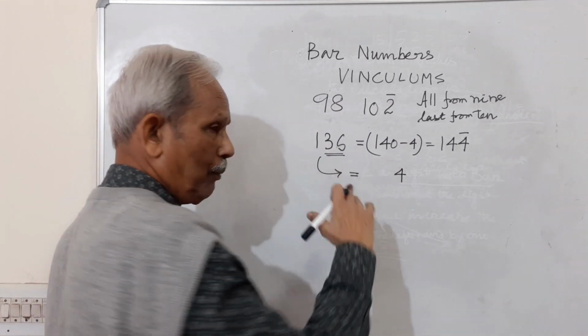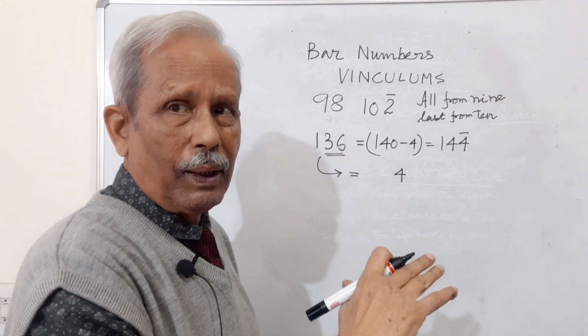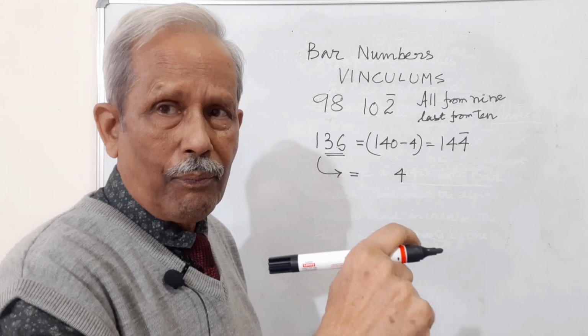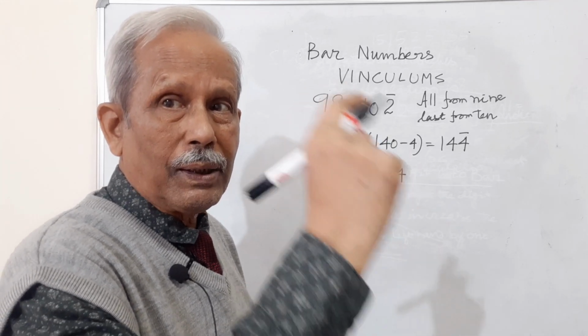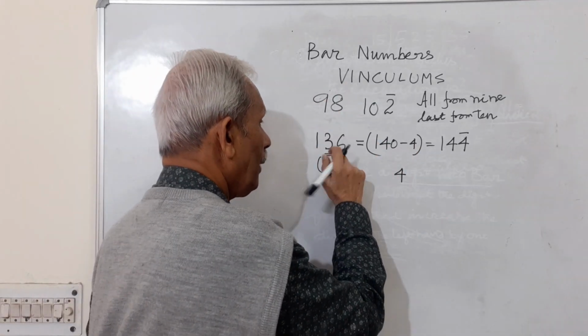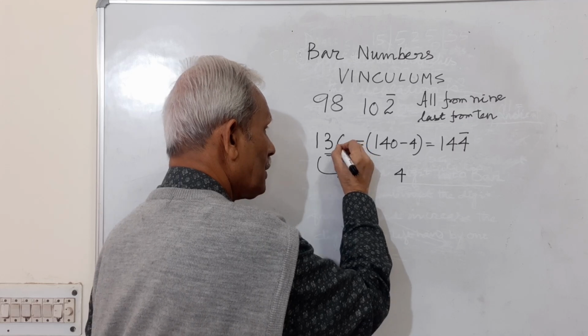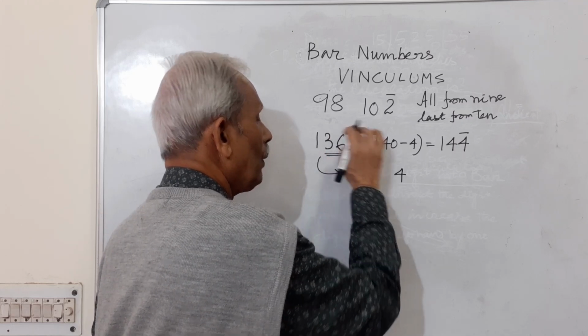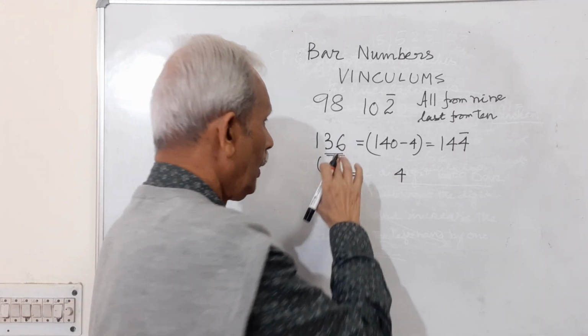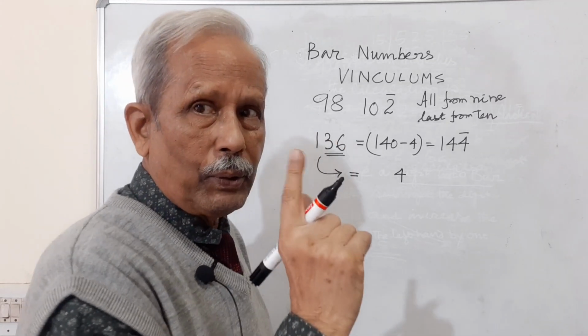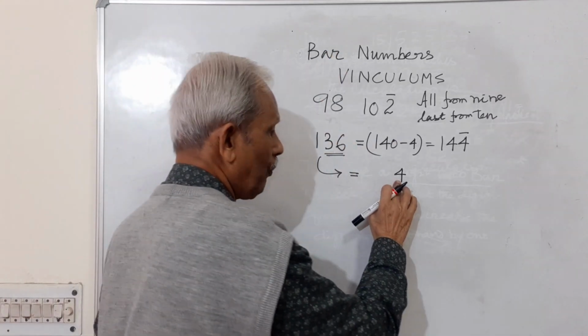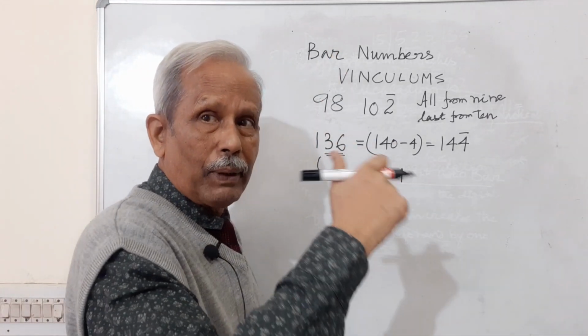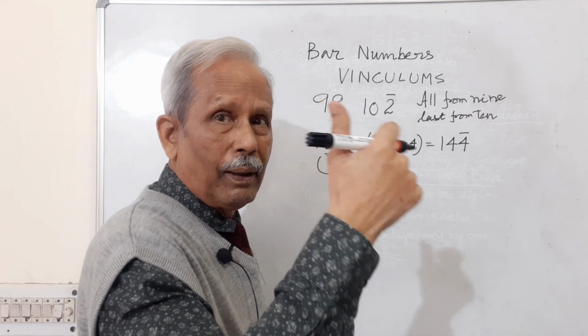Now, whatever definition I gave you for making the vinculum, we should reduce the digit. If you want to convert only this number to a vinculum, reduce it from 10 to make it 4, and increase the number on the left by 1.